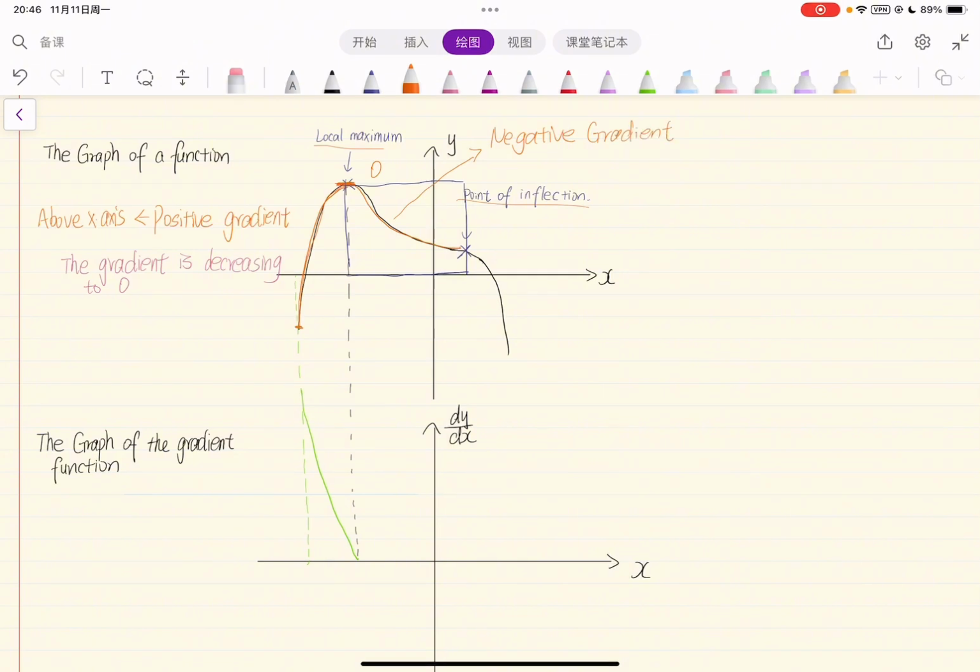So we have negative values of the gradient, which means it should be below the x-axis in the graph of the gradient function.